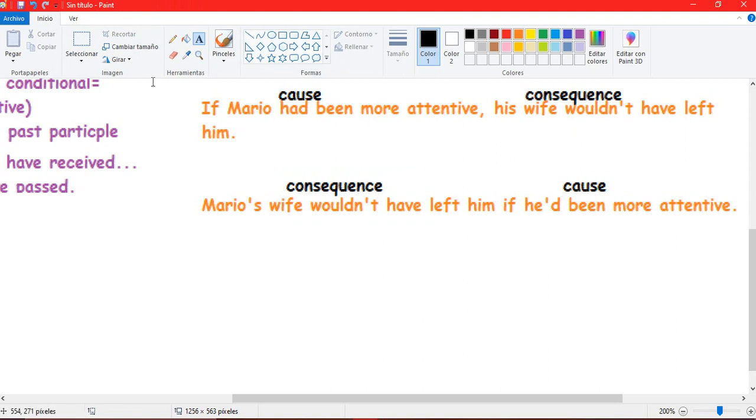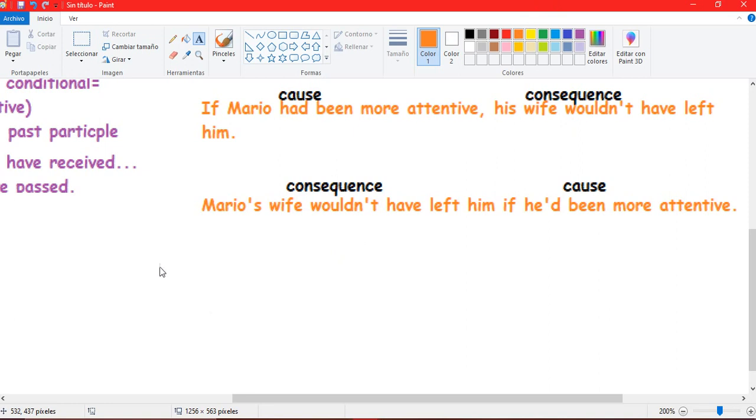Okay, so remember, when you see if and the past perfect, this is the cause. So if Mario had been more attentive, or if he'd been more attentive. The consequence with the future perfect conditional: his wife wouldn't have left him, or Mario's wife wouldn't have left him if he'd been more attentive. We can change the order of the cause and the consequence, but anyway, if you have if and the past perfect, it is the cause, and the future perfect conditional is the consequence.